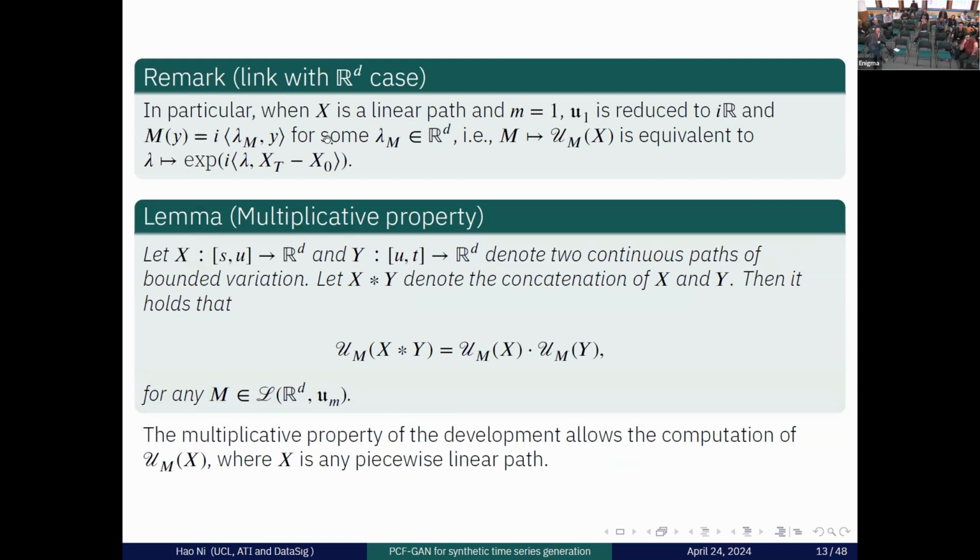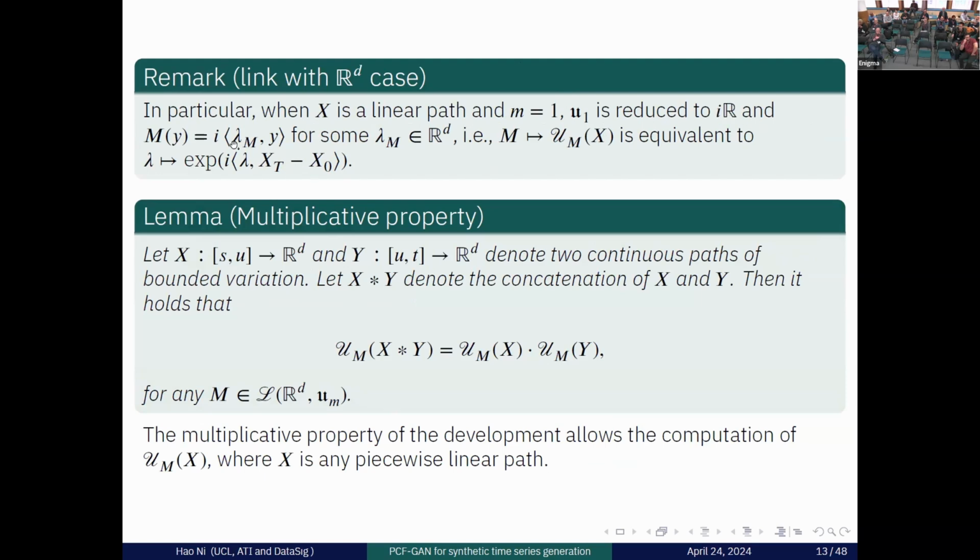How does it connect with the classical case? Here, if we consider X as a linear path and choose m equals 1, then the Lie algebra of the unitary group is reduced to the set of all the imaginary numbers.